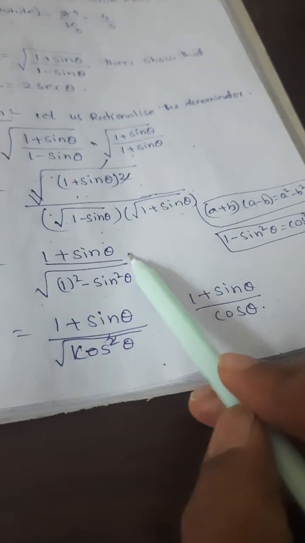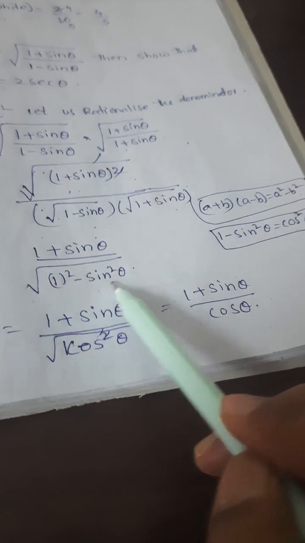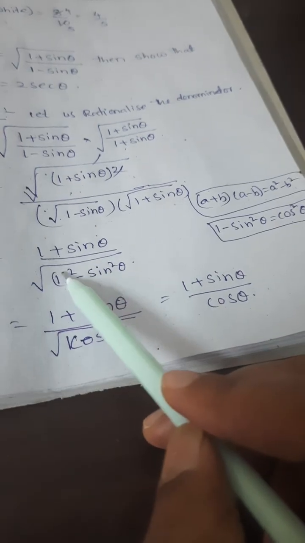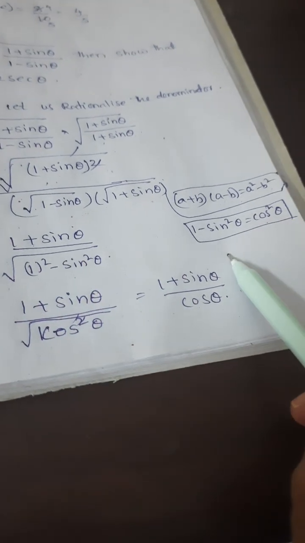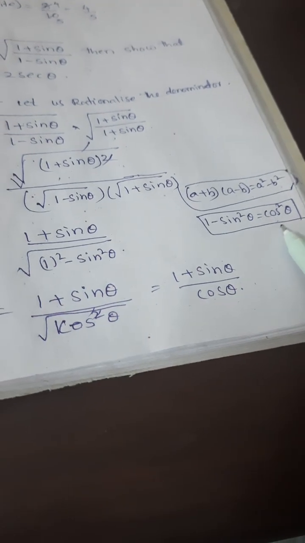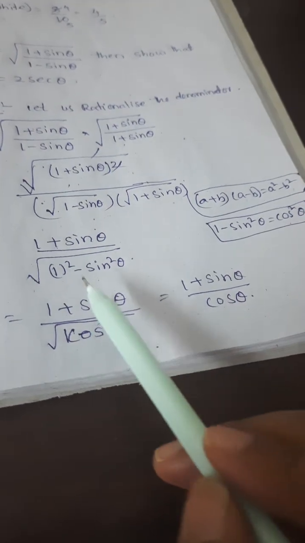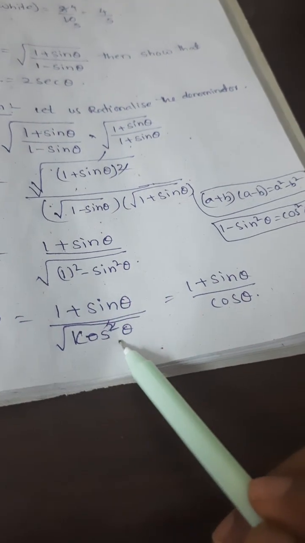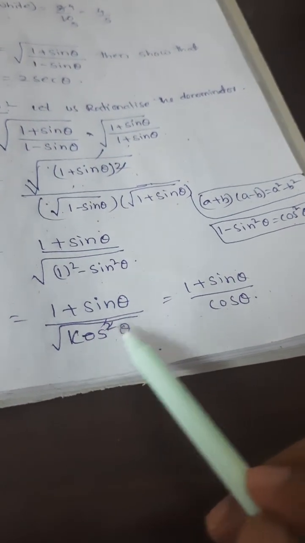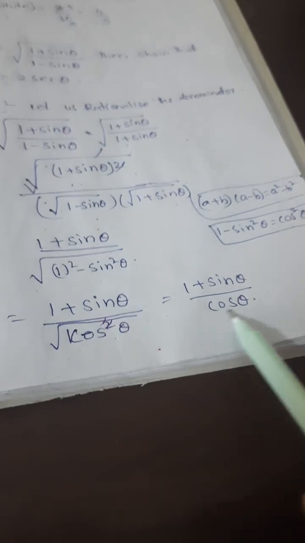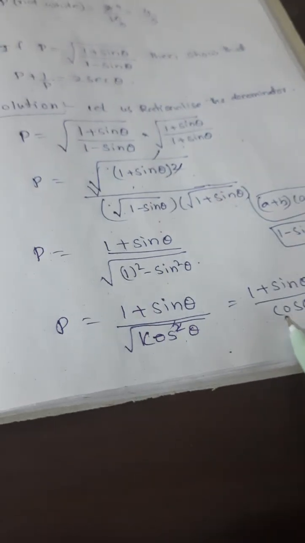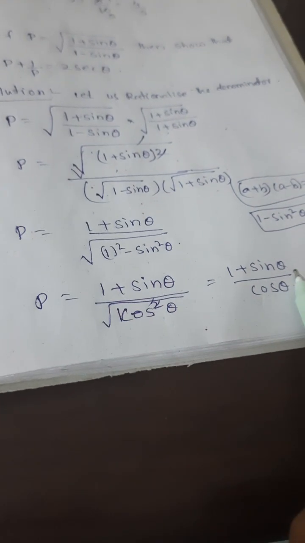So 1 plus sin theta by under root 1 square minus sin square theta. 1 square means 1. 1 minus sin square theta is equal to what? Cos square theta. We can write here 1 minus sin square theta is equal to cos square theta. Here square root cancels. 1 plus sin theta by cos theta. This is P is equal to 1 plus sin theta by cos theta.